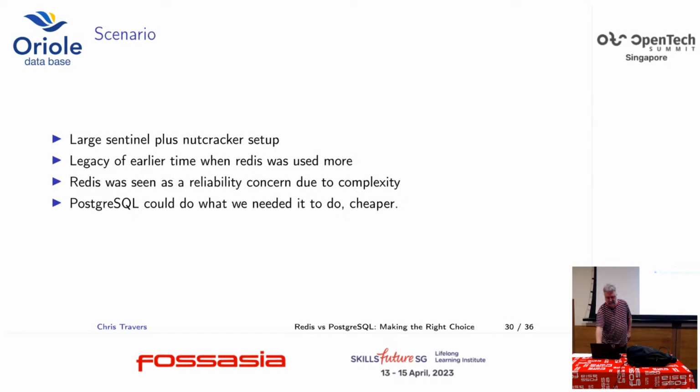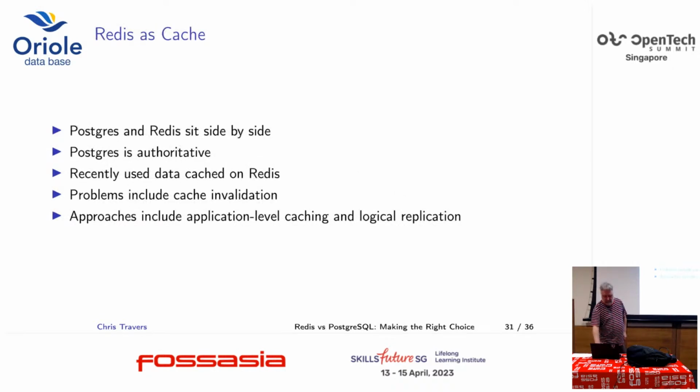I've mentioned that. I'm going to skip over the scenario again. This is the case study. Had massive amounts of Nutcracker, massive amounts of Sentinel, and just the complexity of dealing with a failover was very, very high. Redis can work very well as a cache.